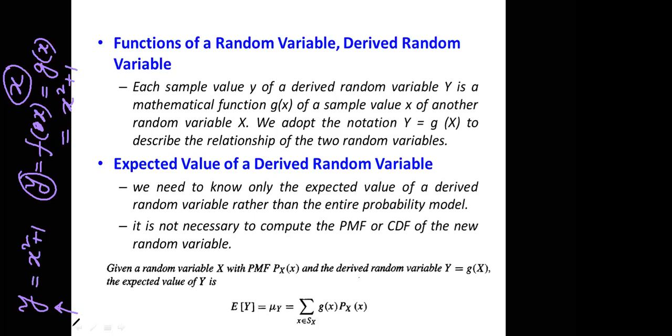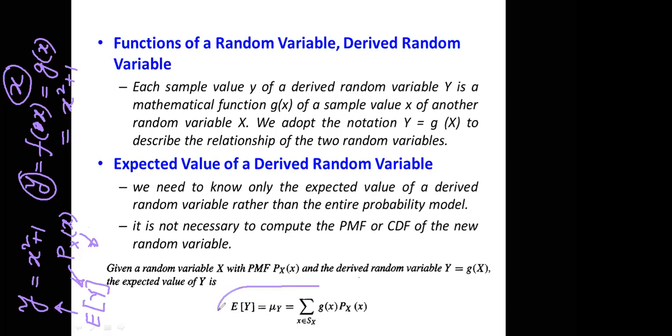What is the advantage of derived random variable? The advantage is, if we know the probability function of X, then we can directly find the expected value of Y from P of X. We don't need to find out P of Y, but from the P of X, we can find the expected value of Y. How?